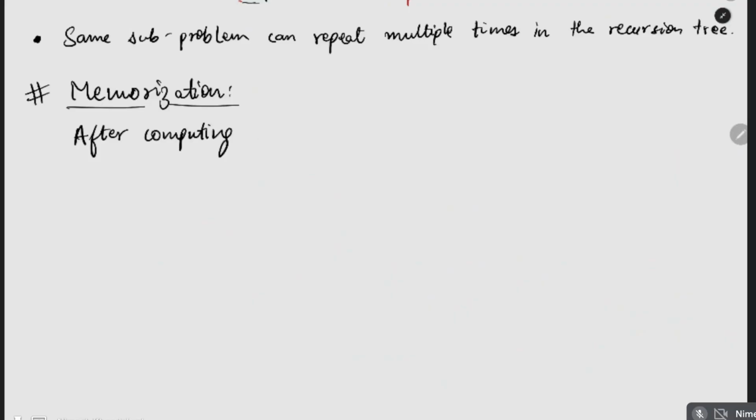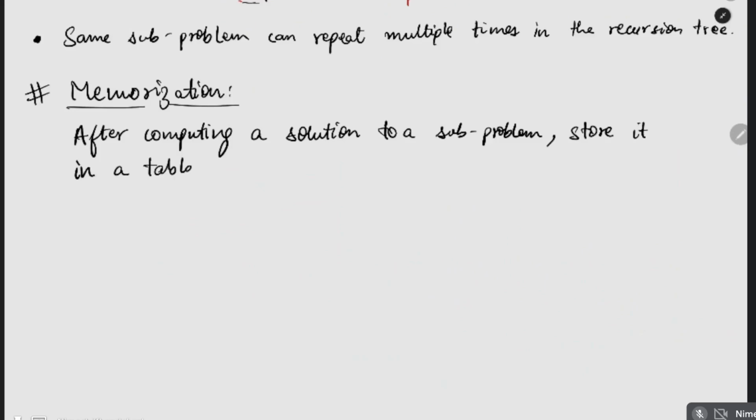After computing a solution to a subproblem, we store it in a table.